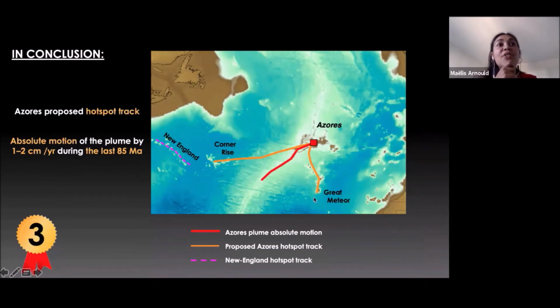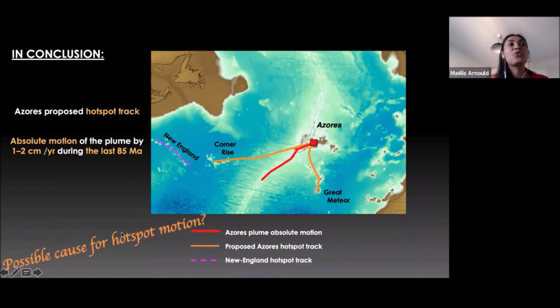And this scenario also implies that there would be a long-lived absolute motion of the plume beneath the ridge of 1 or 2 centimeters per year during the last 85 million years to be able to produce this asymmetry.